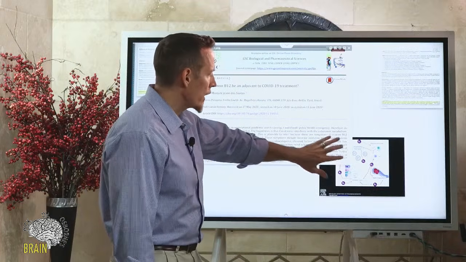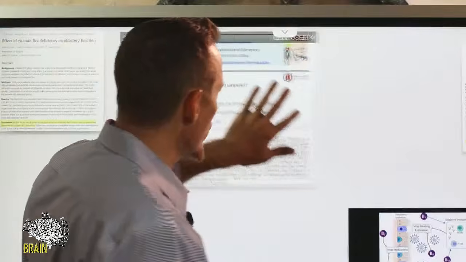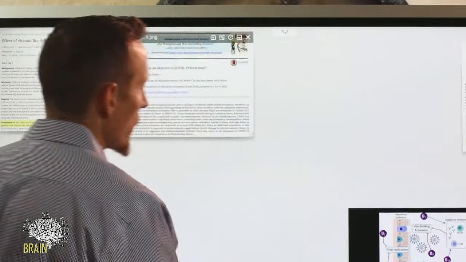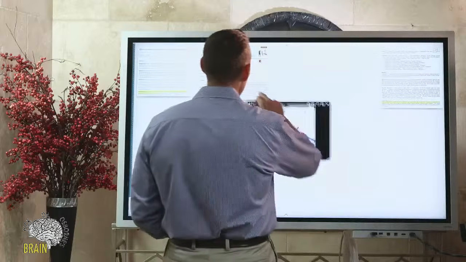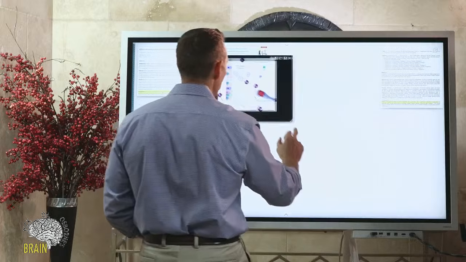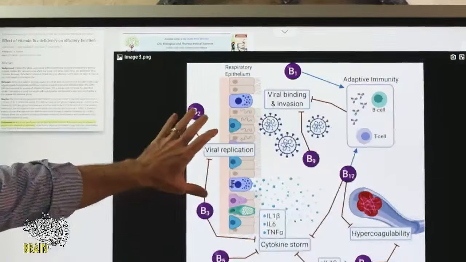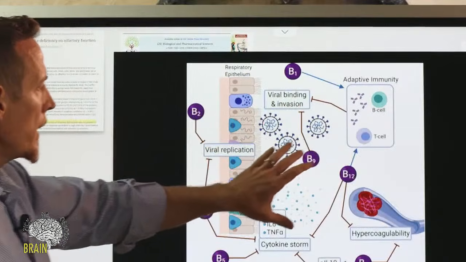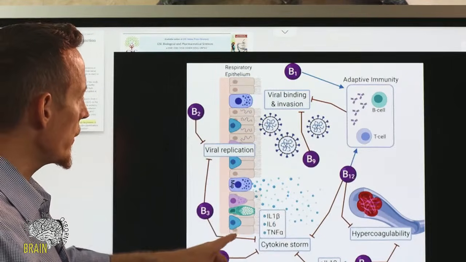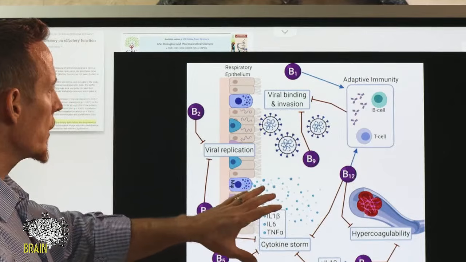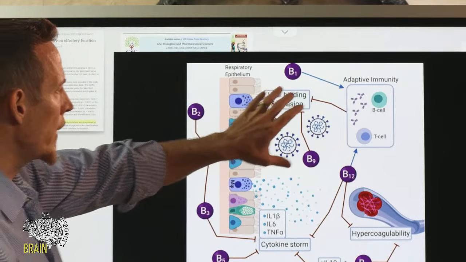Okay, so that's one study where these doctors are hypothesizing that B12 may be a key element that might be helpful for some individuals. Now, in this study, which was just recently published as well, we've talked about cytokine storms in the past, the viral binding and invasion and adaptive immunity.